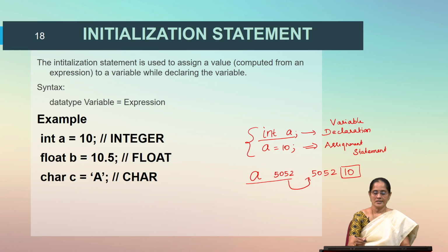So, in that case, int A equal to 10. Int A is the declaration part, and assigning the value 10 to the variable is the assignment part. I am merging these two statements into a single statement, which is now named as initialization statement.